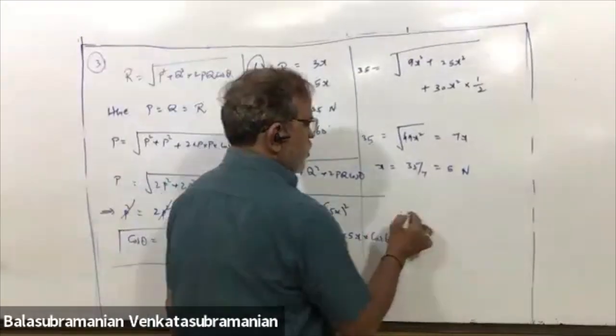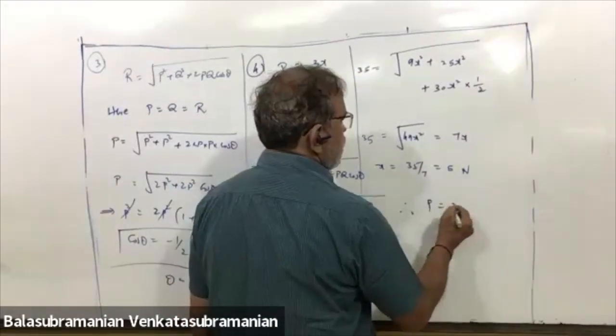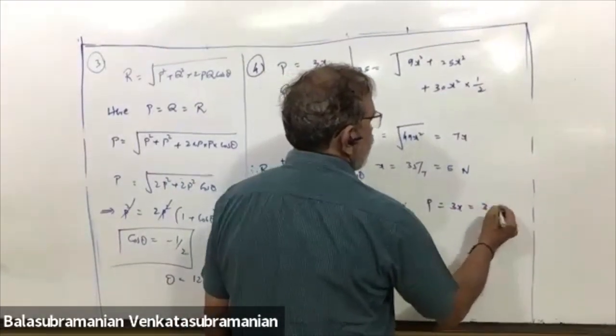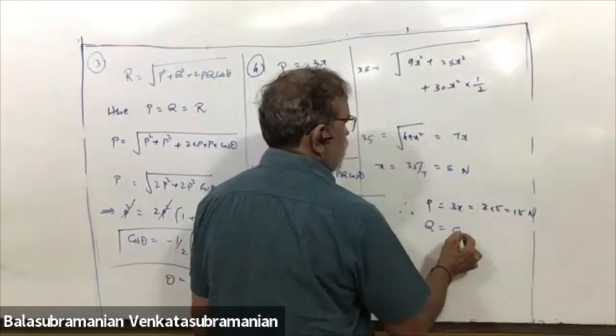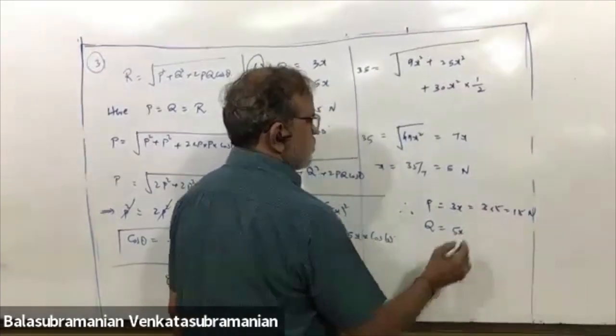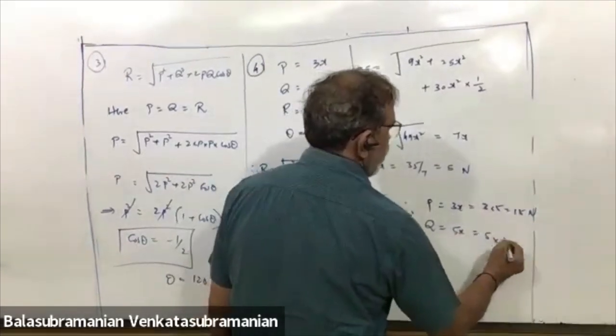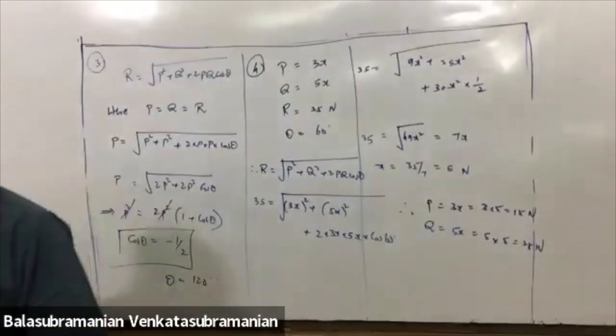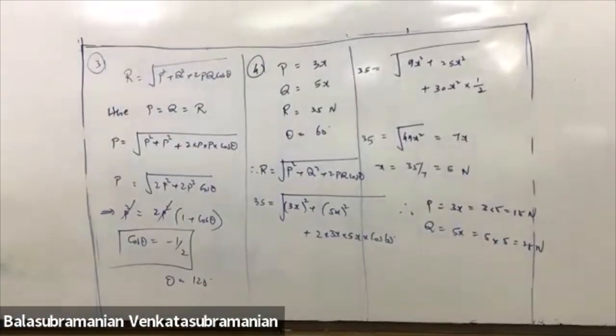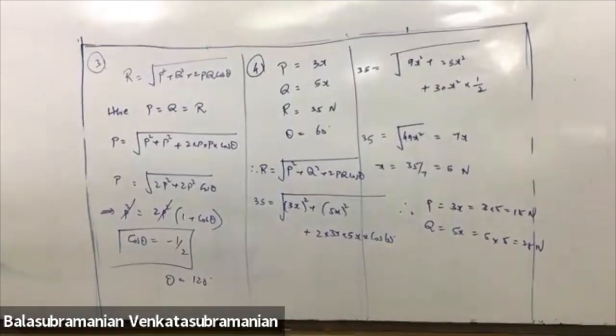Therefore P is equal to 3x, 3 into 5, 15 Newton. Q is equal to 5x, 5 into 5, 25 Newton. Correct? So this is the fourth problem. Fifth problem.